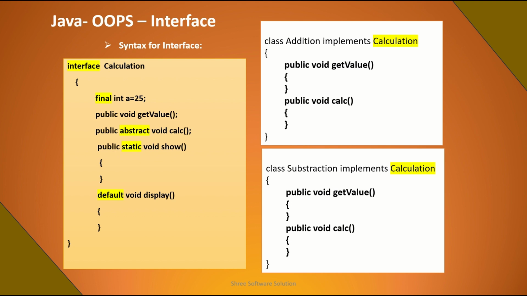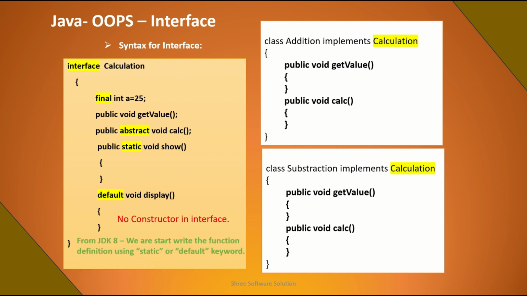And what is the difference between an abstract class and interface? Here we have function definition, declaration, and variable declaration, everything we have, but variable declaration without value we are not supposed to declare here, and as well as no constructor. Okay, here we are not supposed to create the constructor, but in a class we can create the constructor.